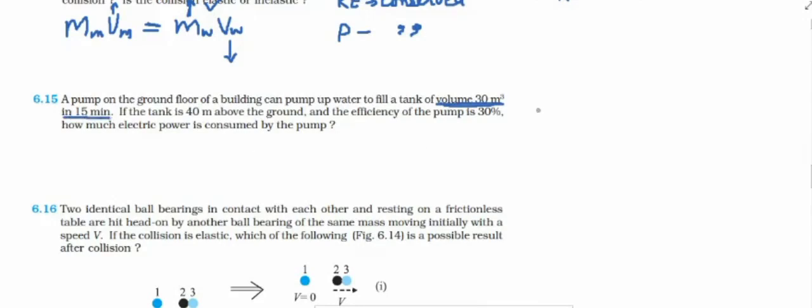So the quantities you have to see: the volume of the tank is given, V equals 30 meter cube. Then time is given, 15 minutes, that means 15 into 60 seconds.